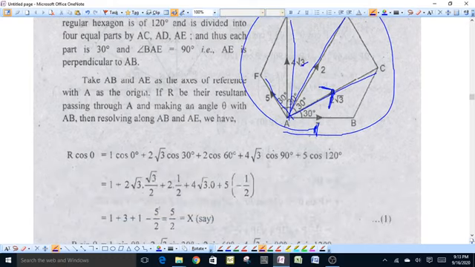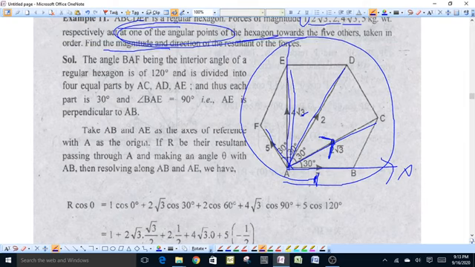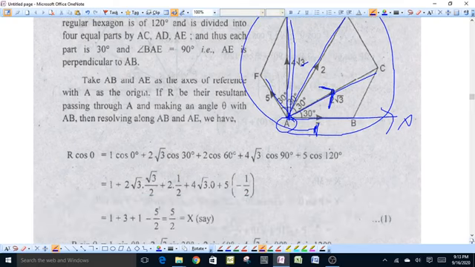Resolving all these forces along the x axis and y axis, we take AB as the x axis and AE as the y axis. A is taken as the origin.